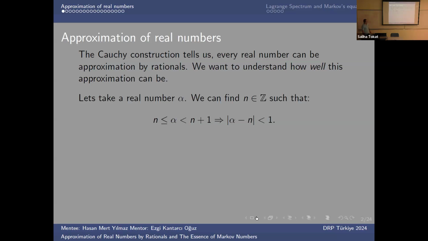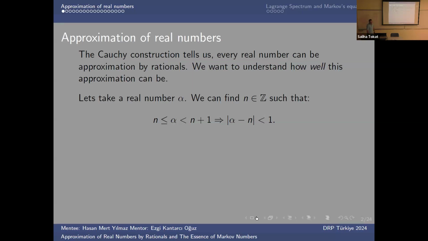The first observation is that every real number alpha is in between two consecutive integers, let's say n and n plus 1, and alpha satisfies these inequalities. So the absolute value of alpha minus n is smaller than 1.